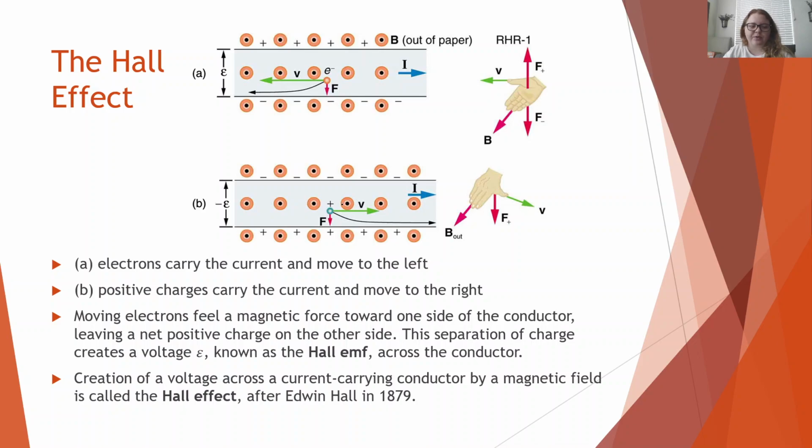And then we have when a positive charge moves with the current and carries the current and moves to the right, so it goes in the same direction. So these are opposite directions and these are the same directions, okay? The electrons will feel some magnetic force towards one side of the conductor.